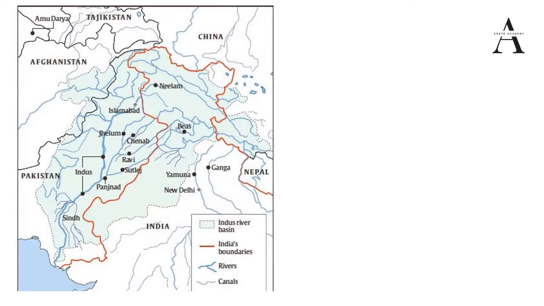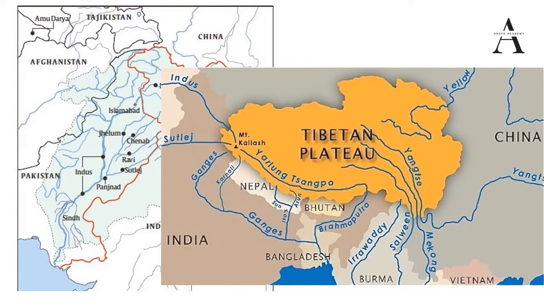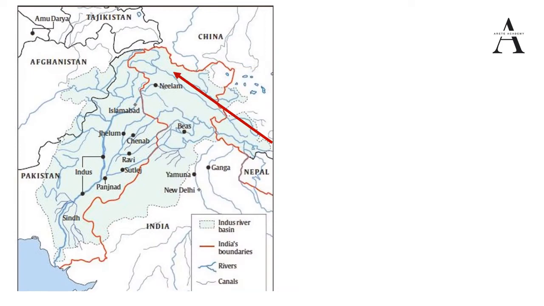The Indus River system is one of the longest and most important rivers in South Asia, and it rises from Bokarchu Glacier near Mount Kailash and flows eastwards for 2,900 kilometers before emptying into the Arabian Sea.